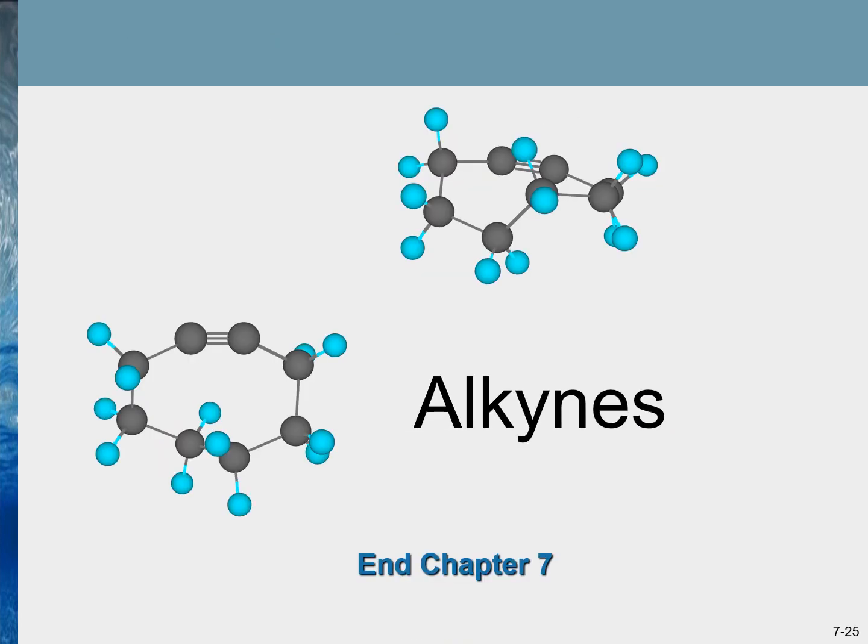That concludes chapter number 7. In this chapter, we learned various reactions of alkynes. We also learned the methods to prepare alkynes. One of the most important reactions we learned in this chapter was the alkylation of acetylide anion, because that reaction enables us to increase the carbon-carbon chain length in any chemical reaction.